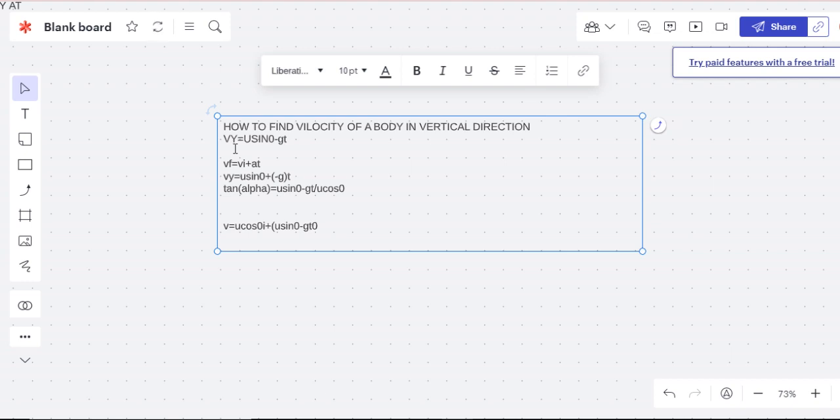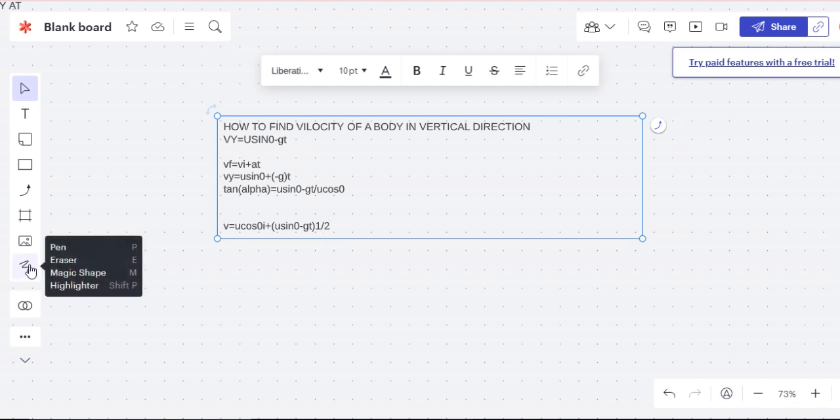So this is basically the velocity of a body. And if you want to know the speed, which means the magnitude, you can easily find it by taking the square root of the sum of squares of the components. So this is the velocity of a body at an instant point.